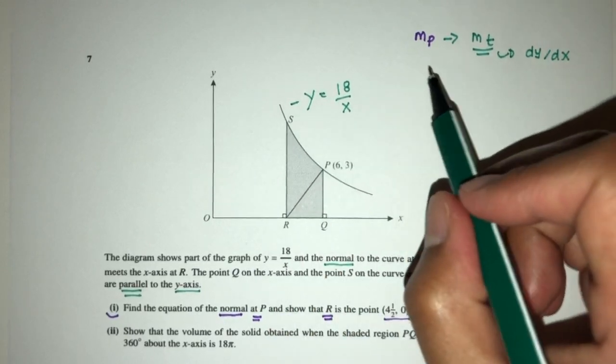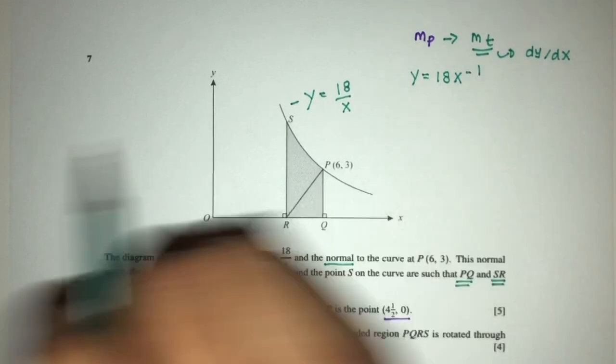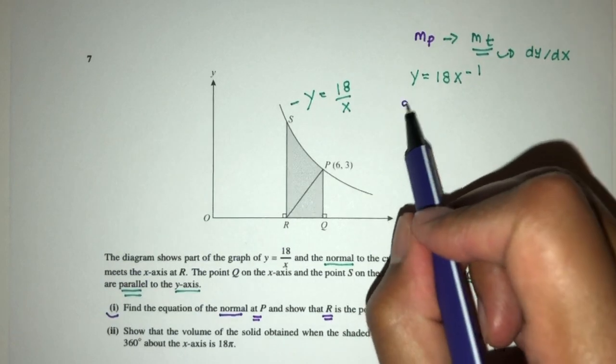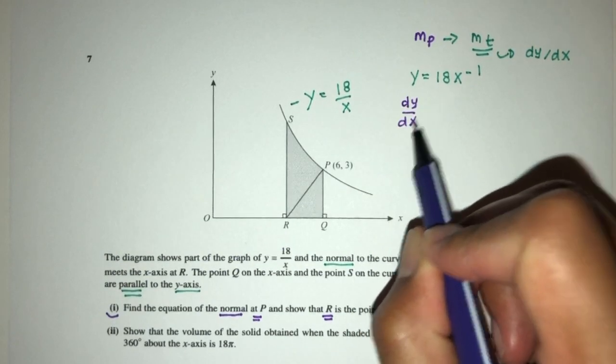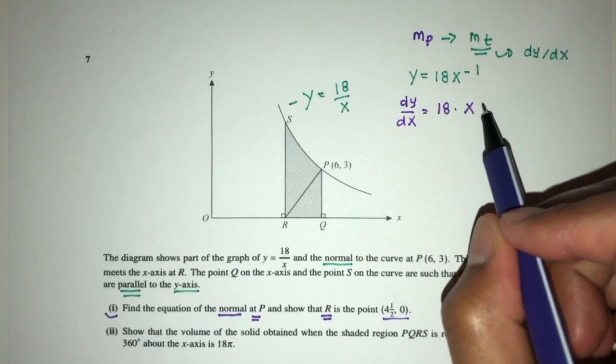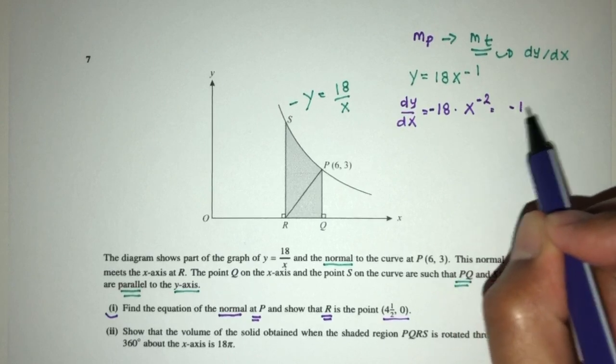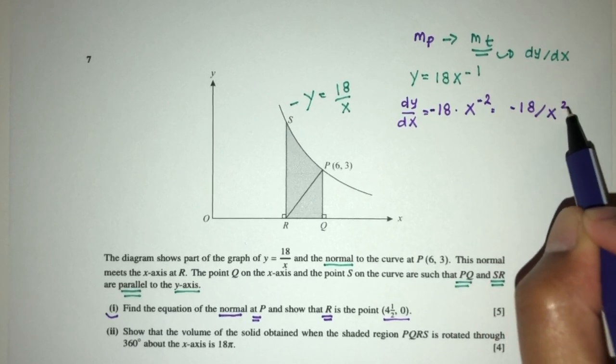Let's recall y can be rewritten as 18 x power minus 1. To find dy by dx, we multiply 18 by minus 1 first, then the power becomes minus 2, so that is minus 18 over x squared.